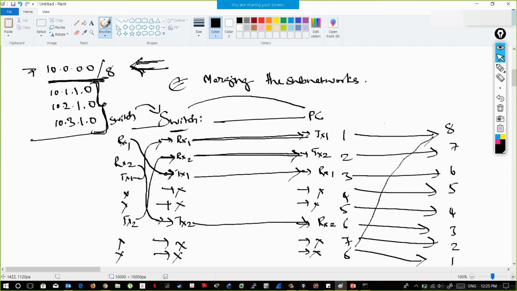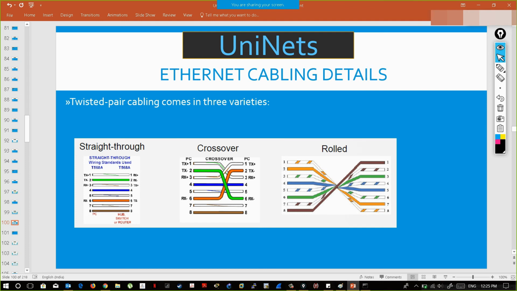You are getting it, right? One pin is connected to the 8th pin of the other device. That is rollover, completely from one end to the other end. If you see the image, you can understand it better. See, 1 is connected to 8, 2 is connected to 7, 3 is connected to 6. This is rollover.